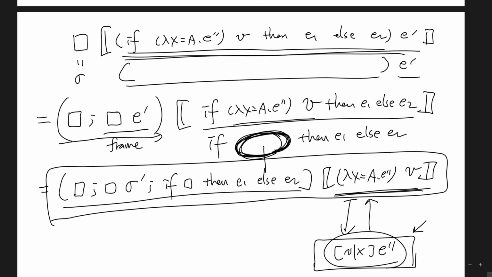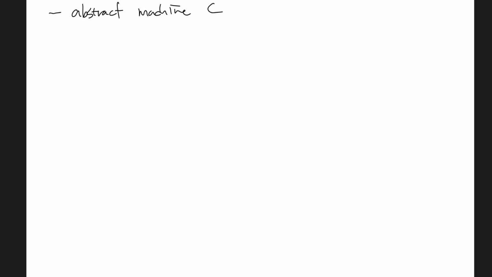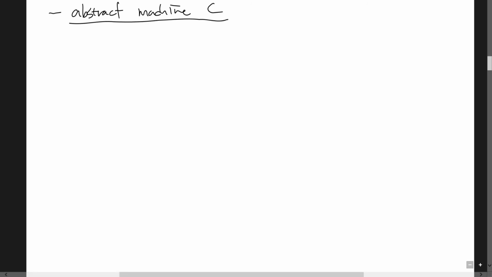Now let's put together all these observations and ideas to formulate abstract machine C. So here comes abstract machine C. So just like any machine that we find in computer science, this abstract machine C has a state. And it turns out that it has two states.